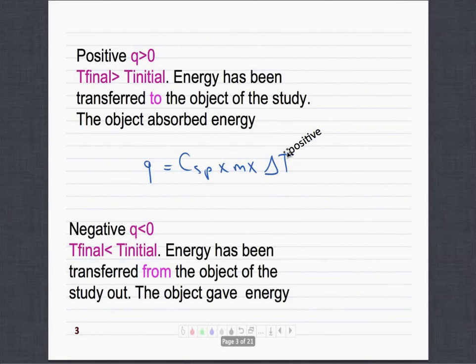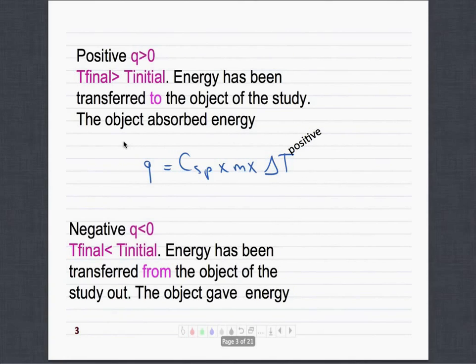When Q is positive, that implies the energy has been transferred to the object of study, which in this case is the water itself. The object absorbs the energy. So when Q is positive, it tells you that the system, or the reaction, we're going to talk about reactions later on, but here the water needed heat to be heated, for example, from 20 to 98 or 95.